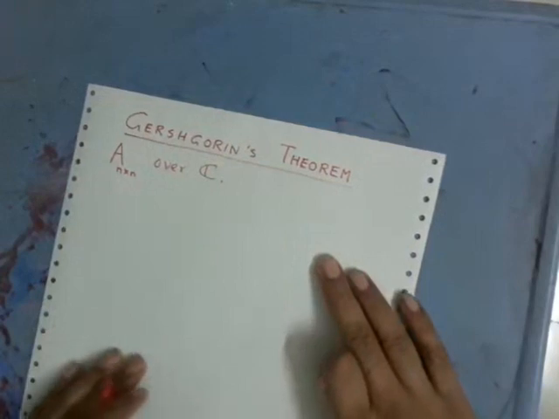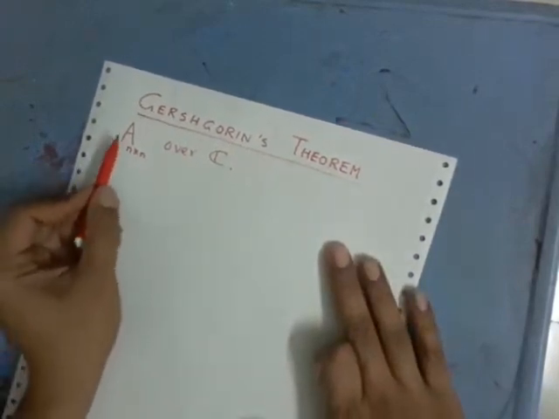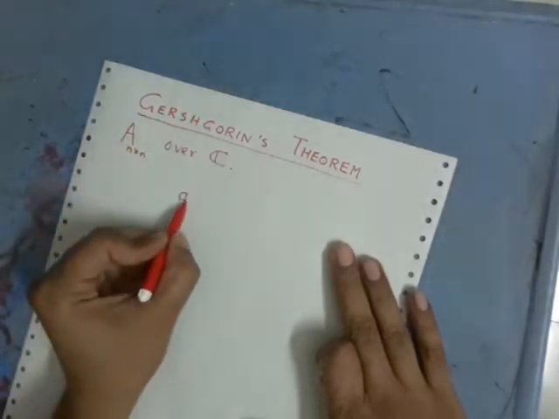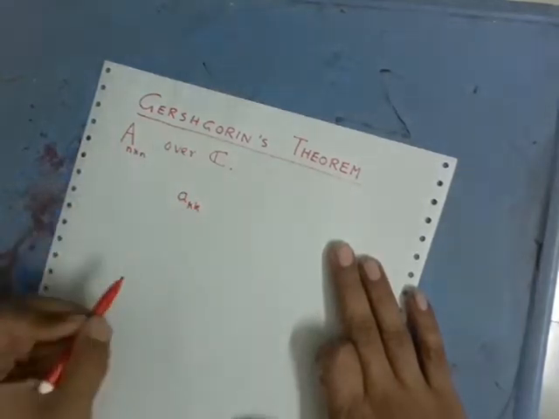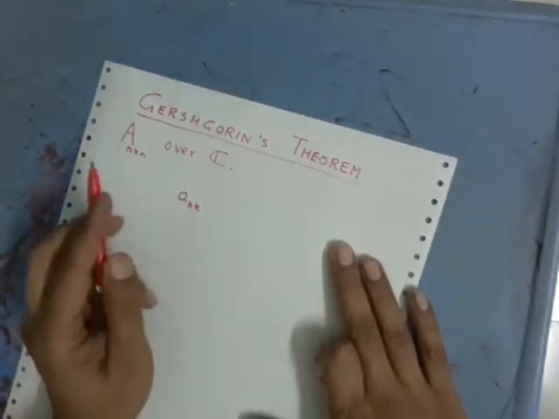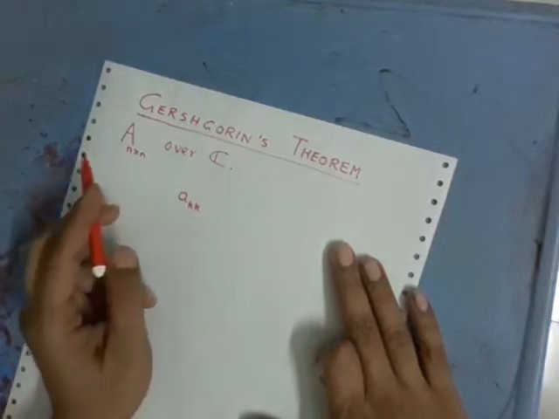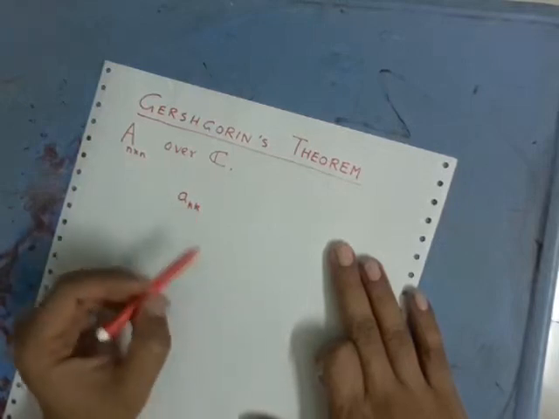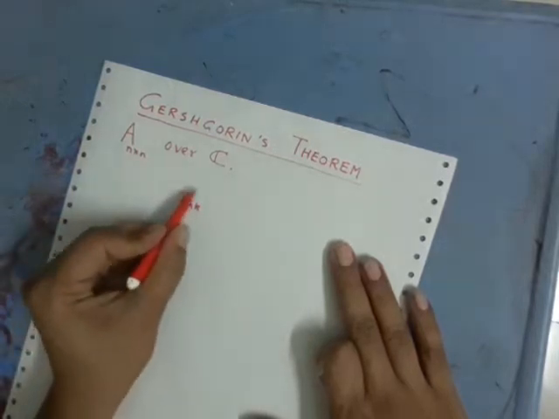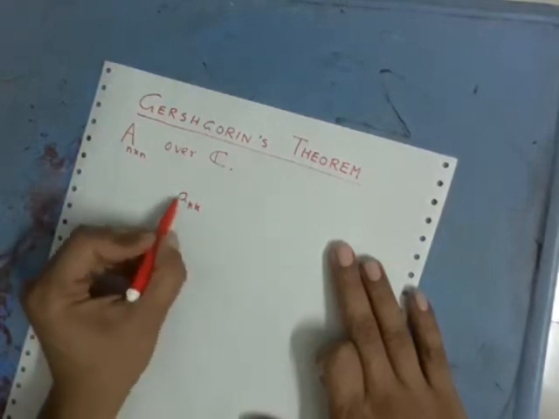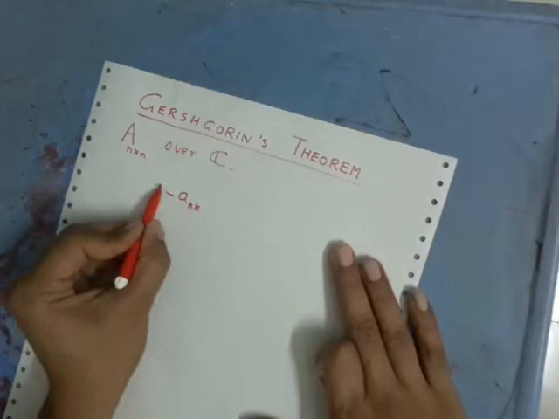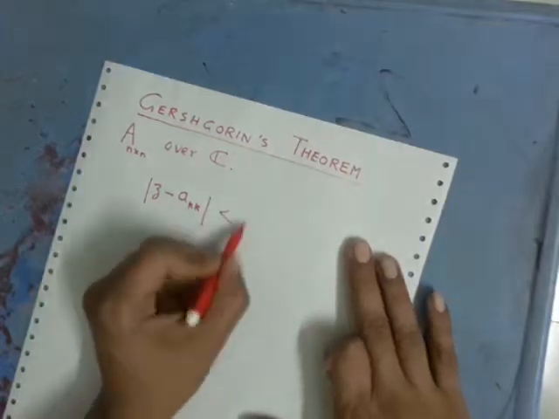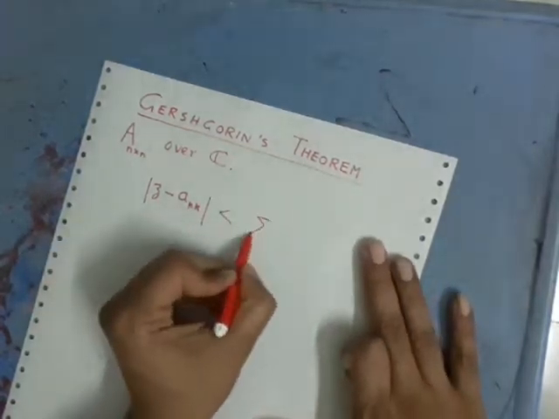Now, what it says is this, that you look at all the diagonal entries of A. So, these are of the form a_kk. Now, it says that all the eigenvalues of A must lie within a certain distance of the diagonal entries. And they are done in the following way. So I consider a disk around each of the a_kk. So centered around a_kk, I consider all those complex numbers z such that this is less than a certain quantity. This quantity will be the following.